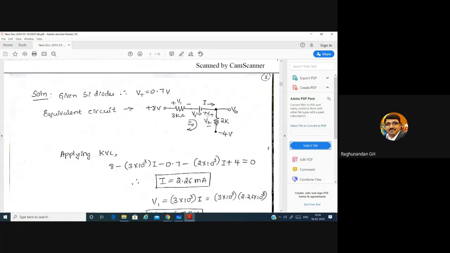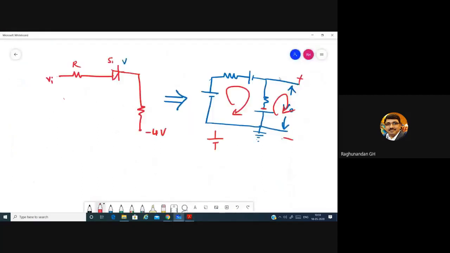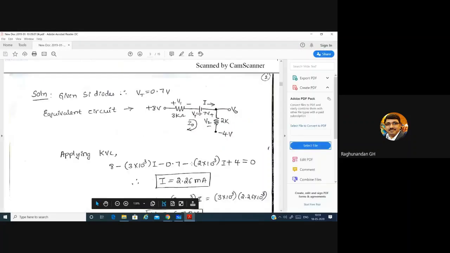You can see here I have not written the entire circuit. I have just written the same thing, minus 4 volt. If you are confident, you can do it like this, or if you have any confusion, better write the circuit neatly and afterwards apply KVL. It is left to you.